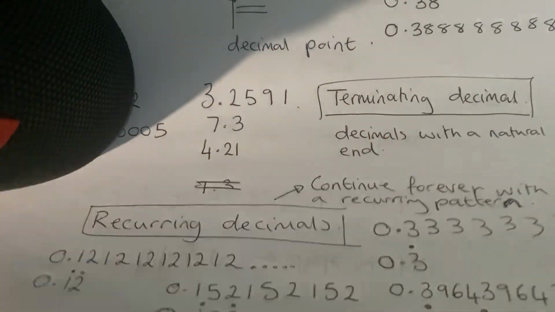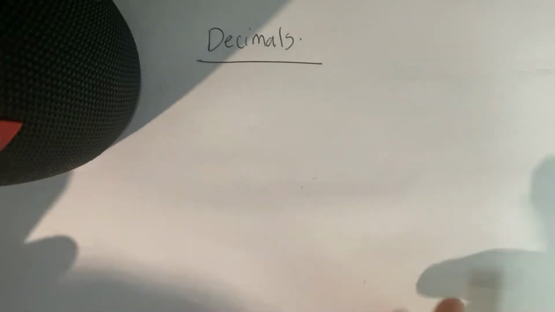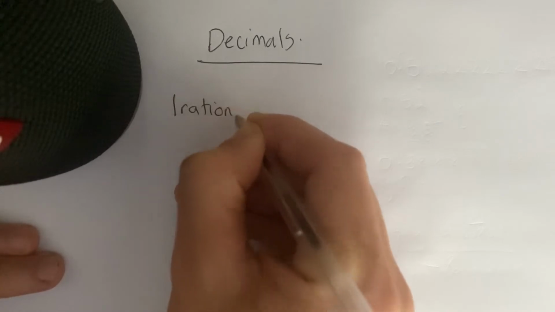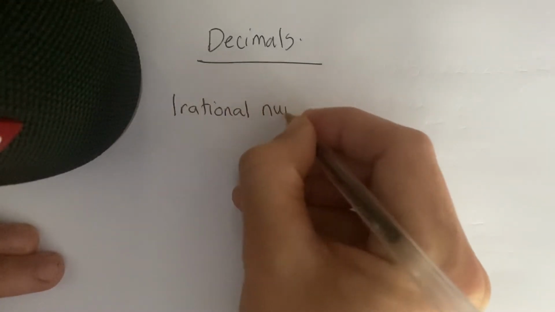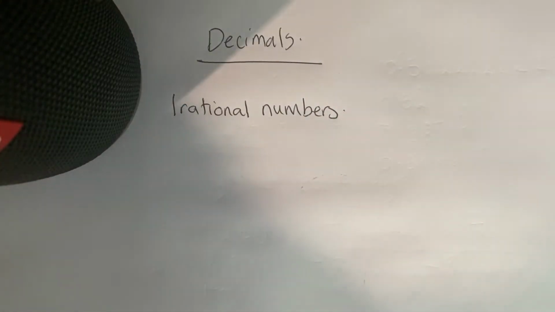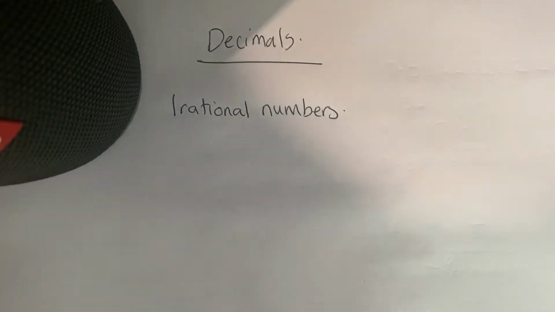Now within decimals we also have a thing called irrational numbers. Irrational numbers are decimals that don't terminate, but they also don't recur.